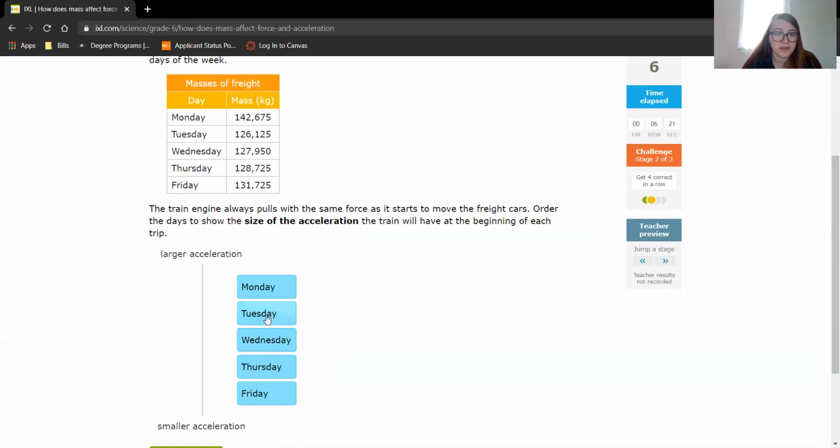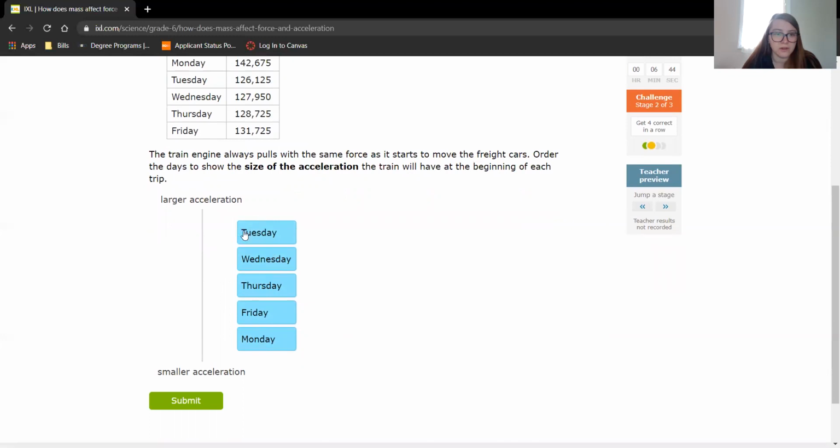Tuesday is the lightest day, so that's going to be on top, followed by Wednesday, followed by Thursday, followed by Friday. Monday's going to be the heaviest. So the less weight has a larger acceleration, more weight has a smaller acceleration.